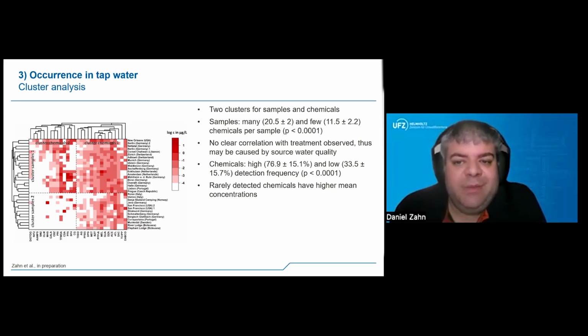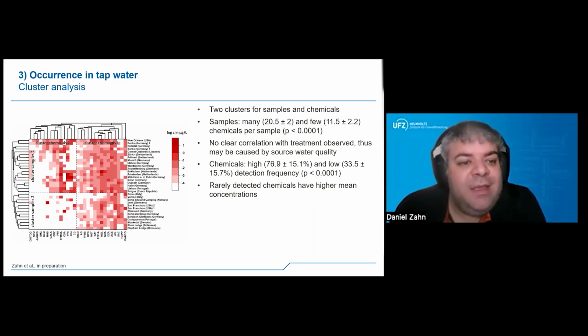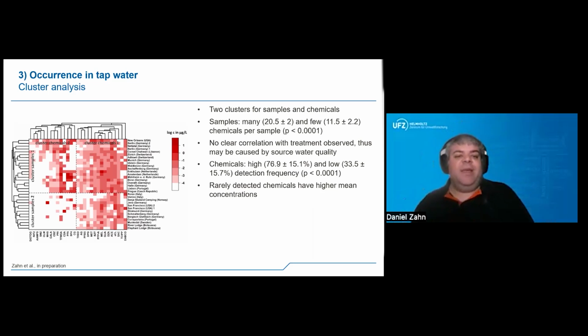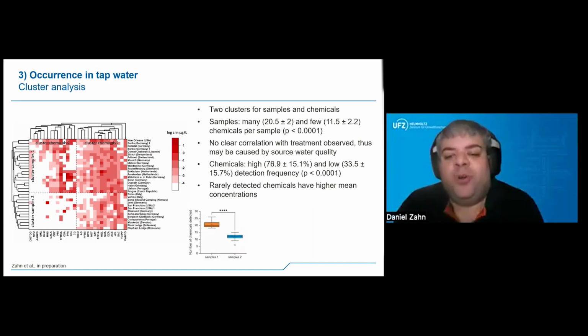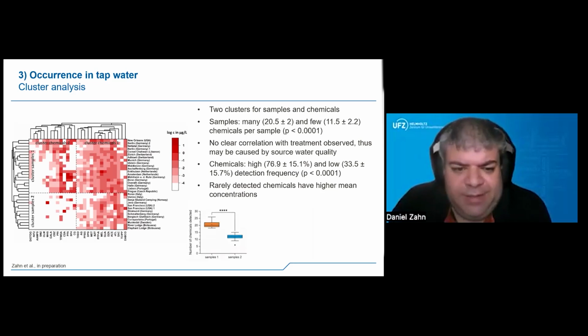For the samples, we have cluster samples 1 and cluster samples 2. In cluster samples 1, we found many chemicals on average, 20.5 plus minus 2. And in cluster 2, we found few chemicals, 11.5 plus minus 2.2. If you have a look at the box plot down here, this is something I found quite fascinating.